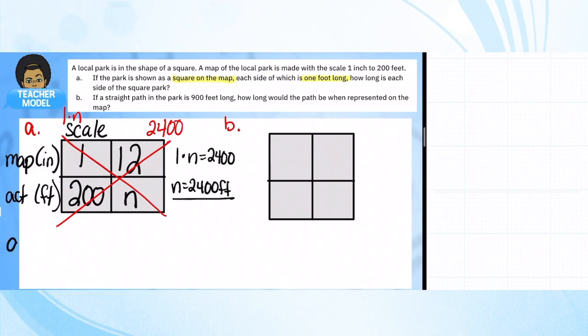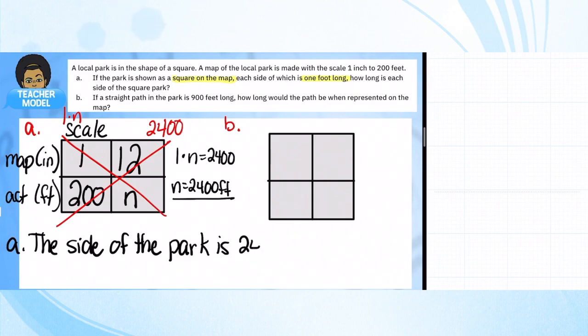So let's express this in our sentence. The side of the park is 2,400 feet long. I kind of want to put the actual side. So let's add that word, the actual side of the park, so that we don't get it confused and think it's just a really huge map.